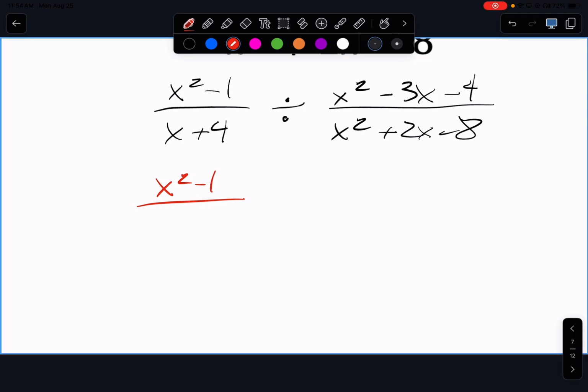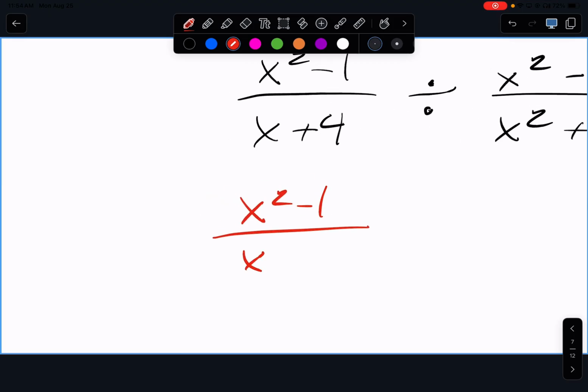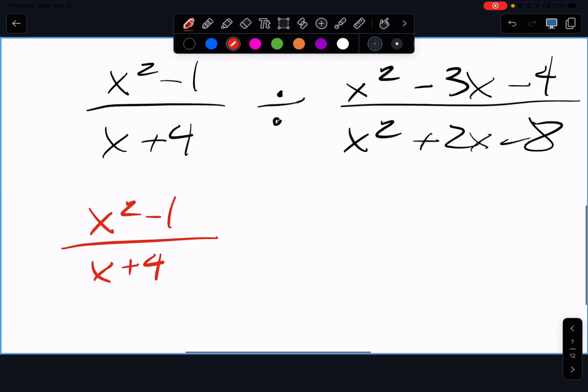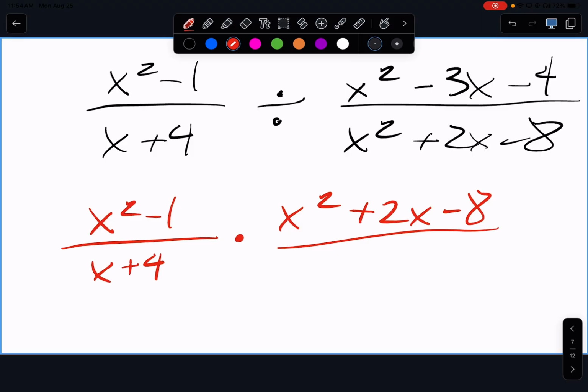So we could factor that here too. But I'm showing every single step one at a time right now. x plus 4 on the bottom, times, and then I flip this, x squared plus 2x minus 8 over x squared minus 3x minus 4.